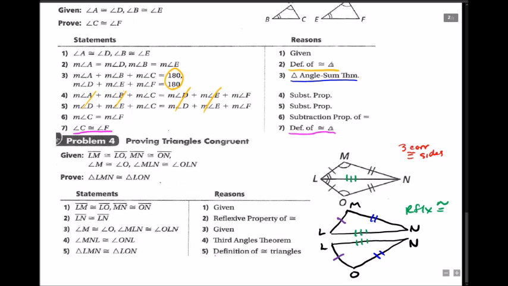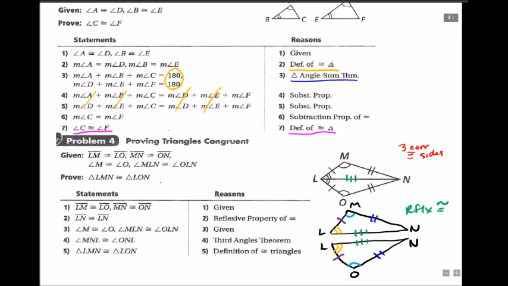All right, let's go to the angles. So, I know that angle M and angle O are congruent. I'm given that. And I know that angle L and angle L are congruent. MLN and OLN are congruent. I need a third angle.